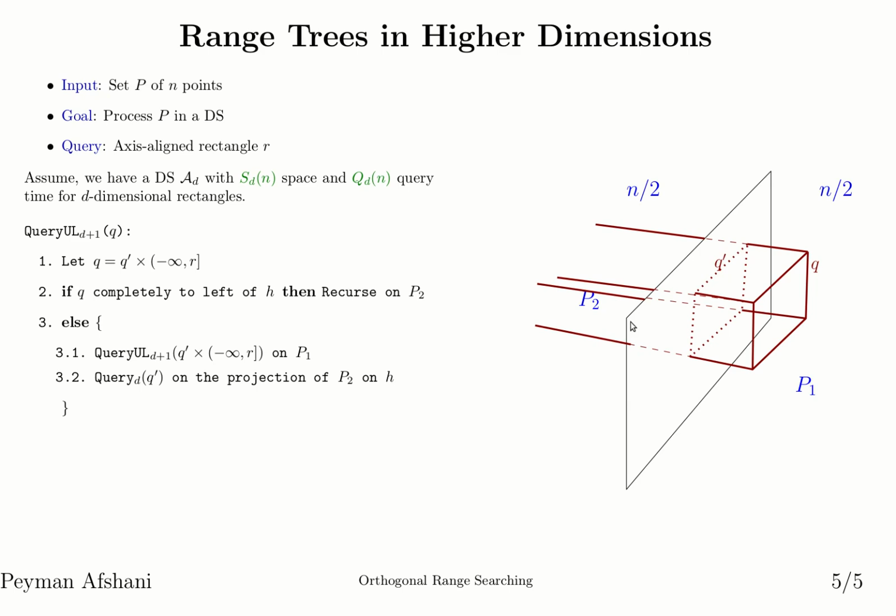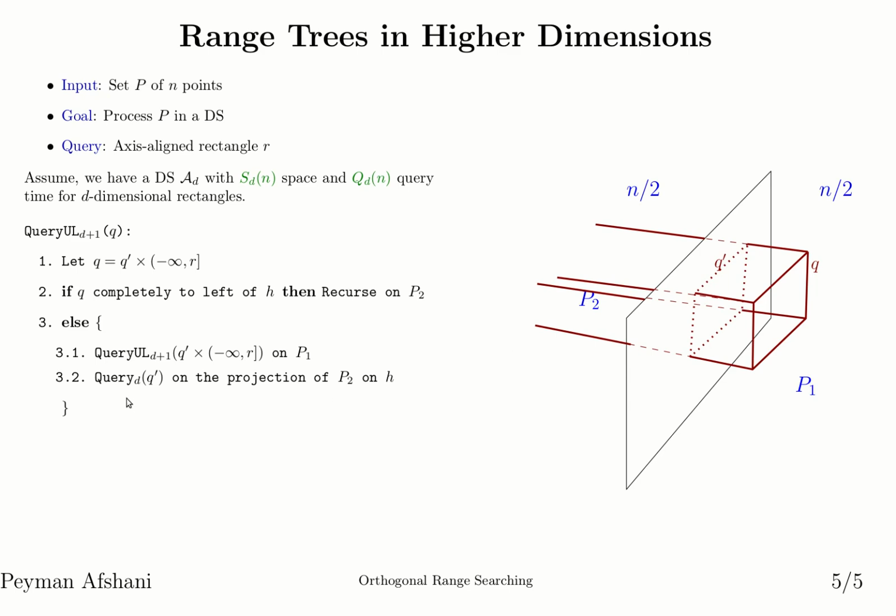Remember that we have projected all the points in P2 onto this hyperplane, and we have built a d-dimensional data structure. If I find the number or the list of projected points that are inside the query Q prime, then I have answered the query inside this unbounded query with respect to P2.